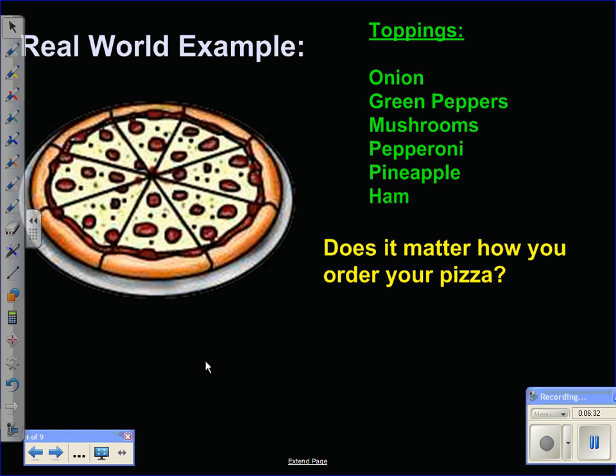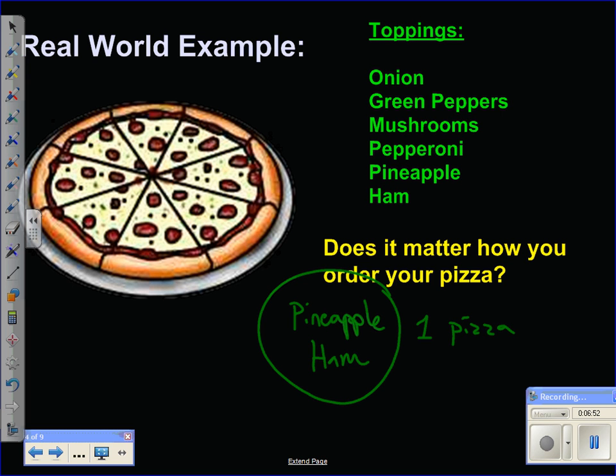But if you wanted, let's say, pineapple and ham, which a lot of people call Hawaiian, it doesn't matter whether you say ham and pineapple or pineapple and ham. No, because all of that is going to make one pizza. So here, it doesn't matter the order that you say it in. You're going to get the same pizza. And that's why in a combination, order doesn't matter.